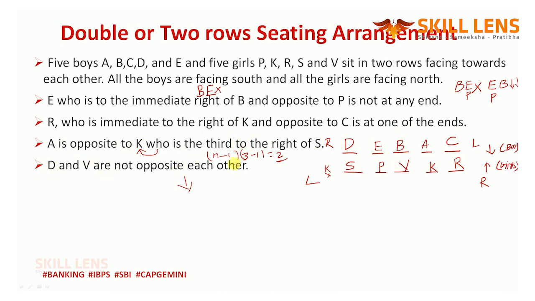D and V are not opposite to each other. Yes. So that is how you finish your arrangement. People are facing north and people are facing south. So this is how you need to get your answers. Once the arrangement is done, the questions are a cakewalk.